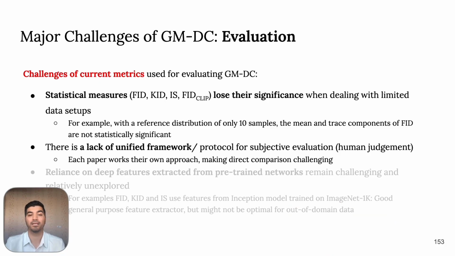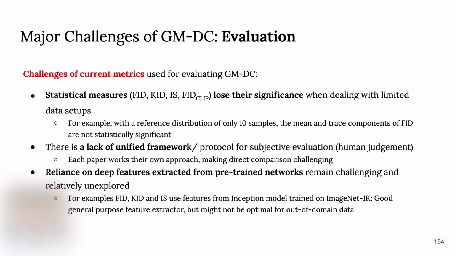Second issue is that we don't have a unified framework for subjective evaluation or human judgment. Each paper has its own way of doing this, which makes the comparison between papers a bit hard. And finally, usually the metrics that we use rely on deep features extracted from pre-trained networks.